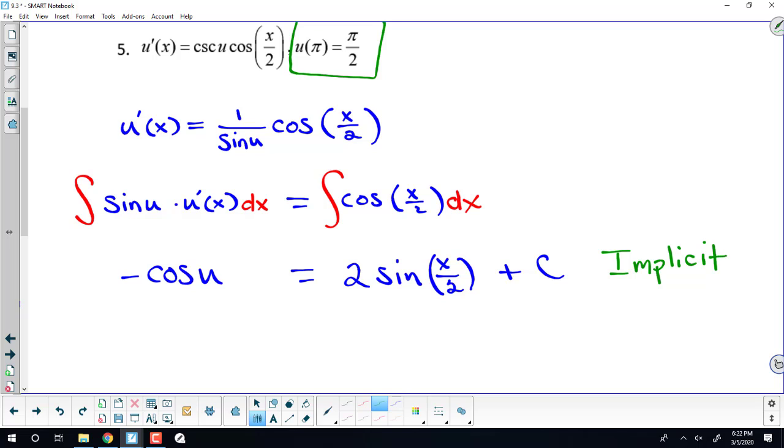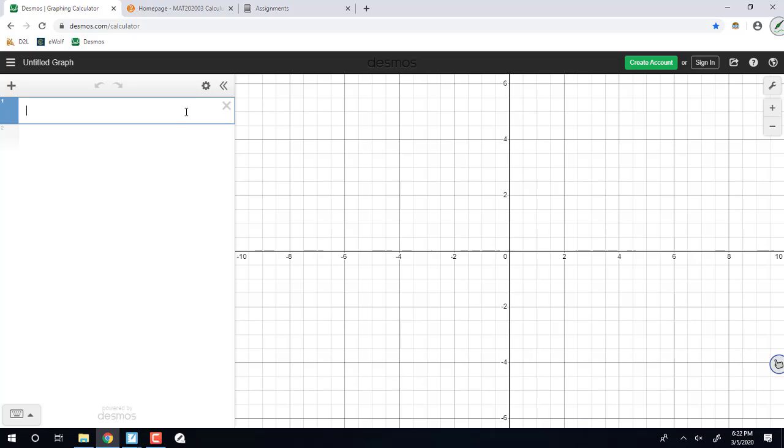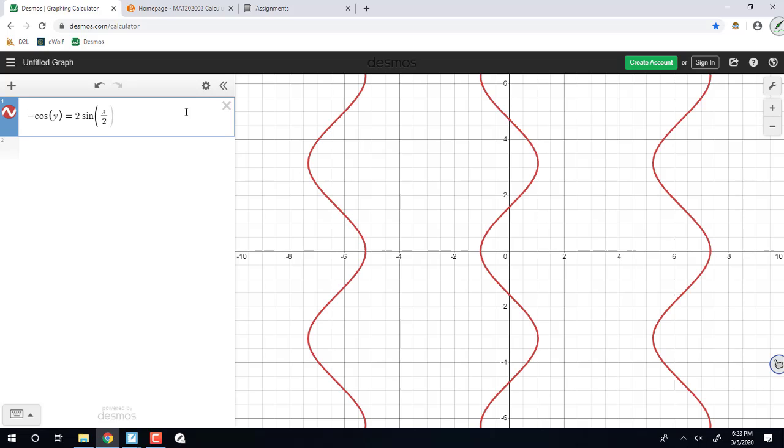So it says graph, which we need graphing software to do. We're going to pretend our u is a y just because of this software. 2 sine x over 2.